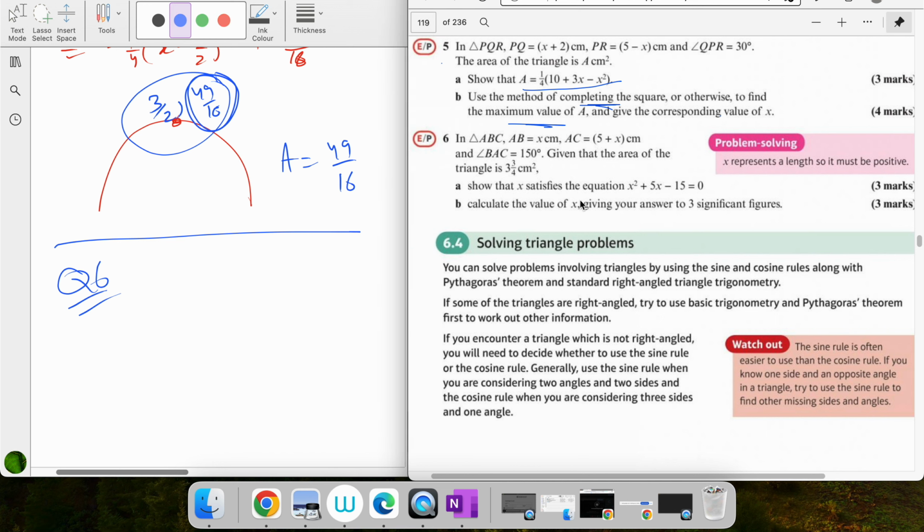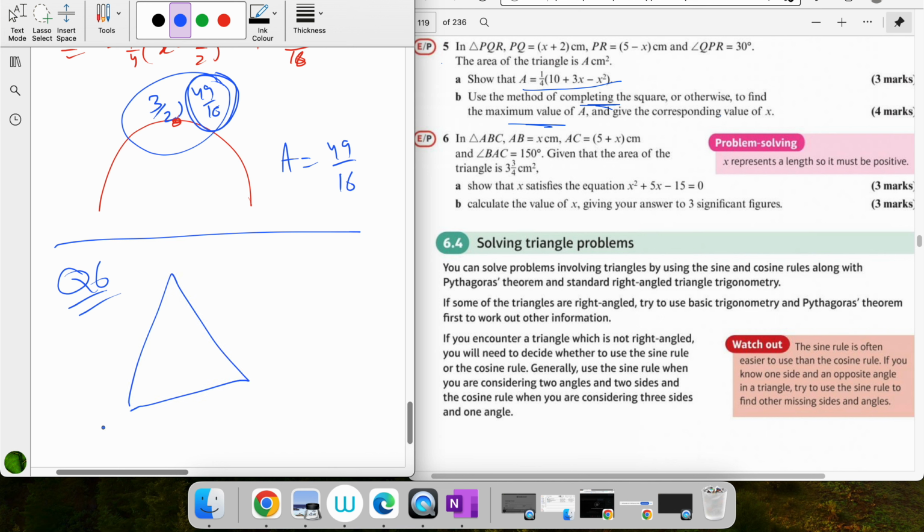Question 6. In triangle ABC, quick sketch. ABC, AB is x, AC is 5 plus x, and BAC is 150 degrees.